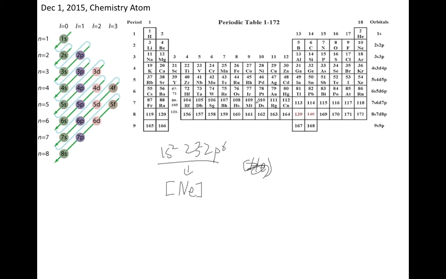The most convenient way is to just use the noble gas that is one row above the element you're trying to do. For example, if I'm doing barium and I use helium, that isn't much difference from the long-handed electron configuration.